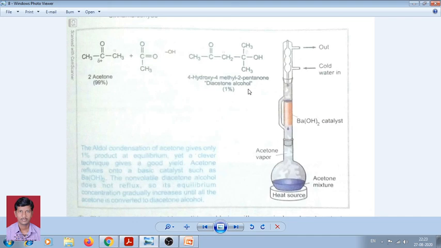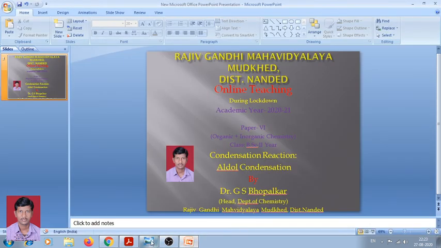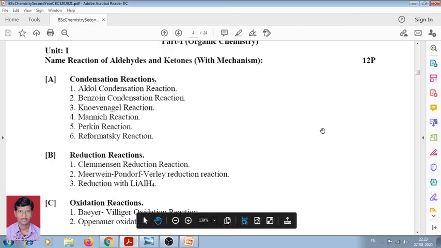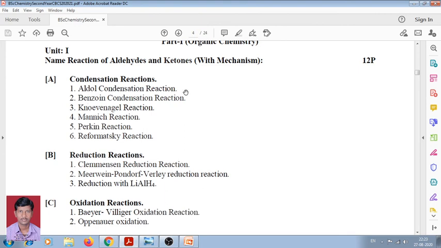Now this is the apparatus. This apparatus, or condenser, is used for the synthesis of aldol product. In this way, today we have learned about aldol condensation reactions from the chapter on condensation reactions.